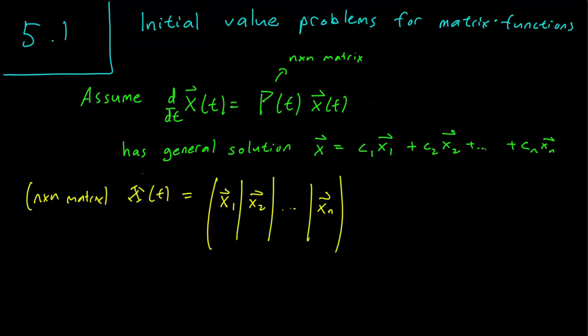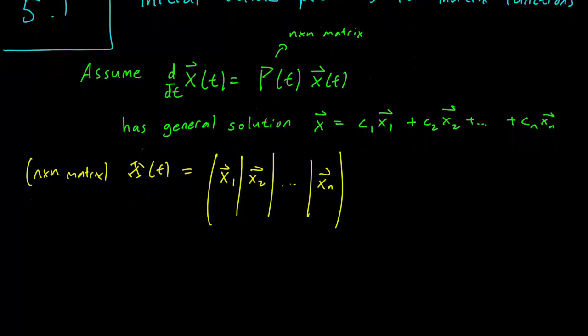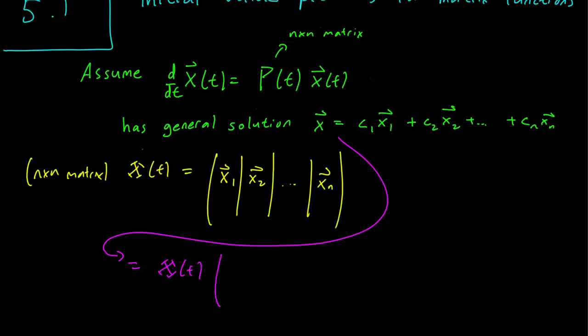This is an n by n matrix because all the vectors have n elements, so there are going to be n rows, and we have n of the vectors, so there are going to be n columns. And it is going to be rather straightforward to see that this is just equal to x(t) times the vector c1, c2, cn.